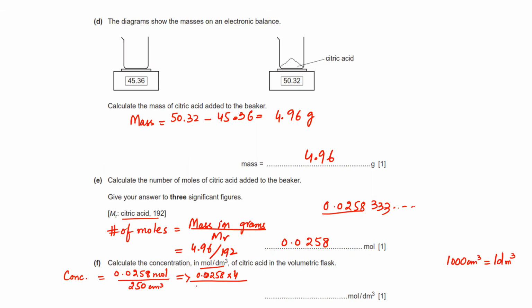So multiplying 250 into 4, this comes out to be 0.103333, so on. So the good is 0.103, or 3 decimal places, mole per decimeter cube. This is the concentration we have.